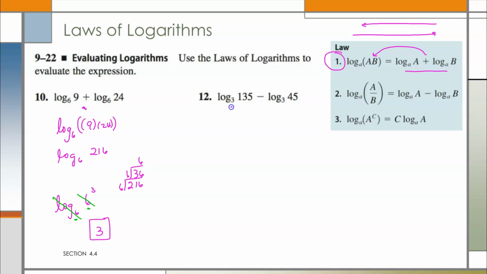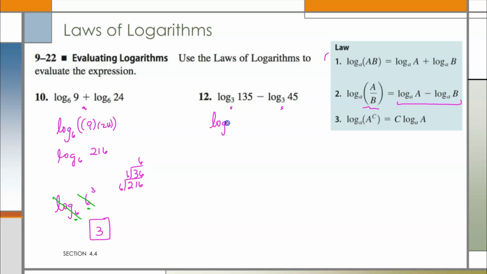Okay, so we have base 3, base 3. Looking at the same base, we look at the operation between the two. Base 3 with the operation of a minus tells us we can use rule 2. If subtraction is what's separating them, we can bring them together with division.